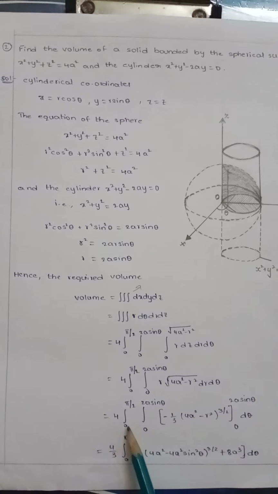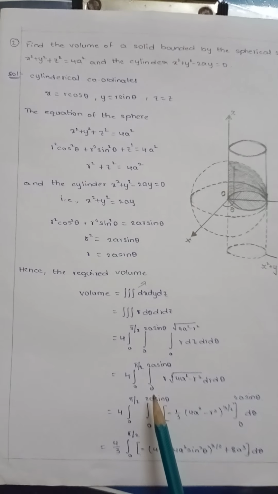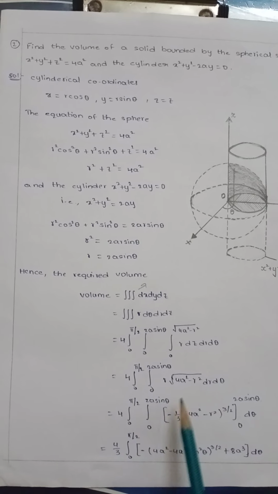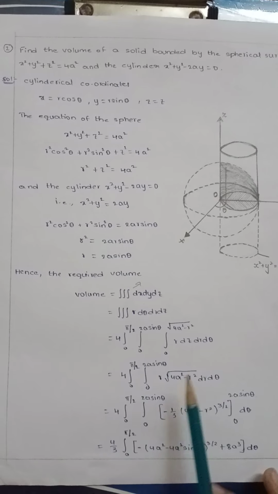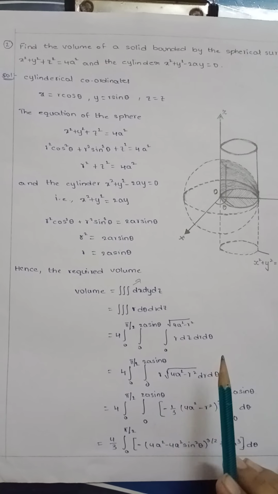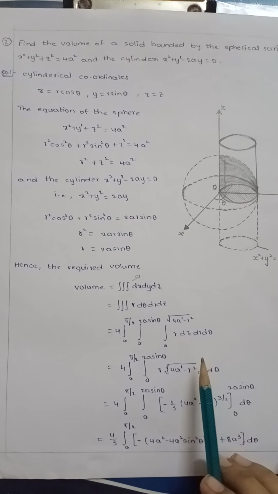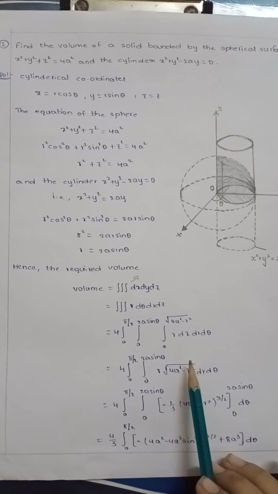Then 4 integral 0 to pi by 2, integral 0 to 2a sin theta, minus 1 by 3 times 4a square minus r square whole power 1 by 2.